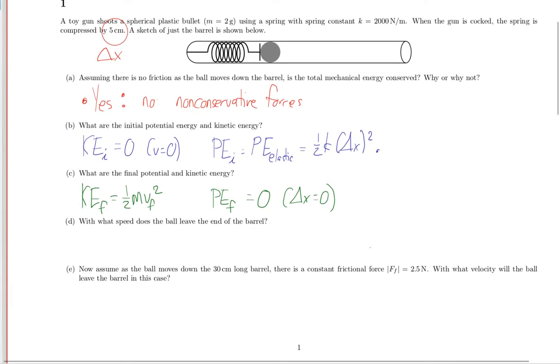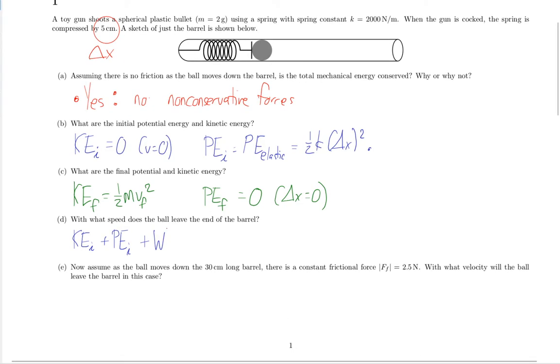Since there are no non-conservative forces, I can write down the conservation of energy work-energy theorem like this. The initial kinetic energy plus the initial potential energy plus the work done by other forces, forces which correspond to non-conservative forces, which of course I don't have any of in this problem, equals the final kinetic plus the final potential energy. Again, some of these terms are 0.